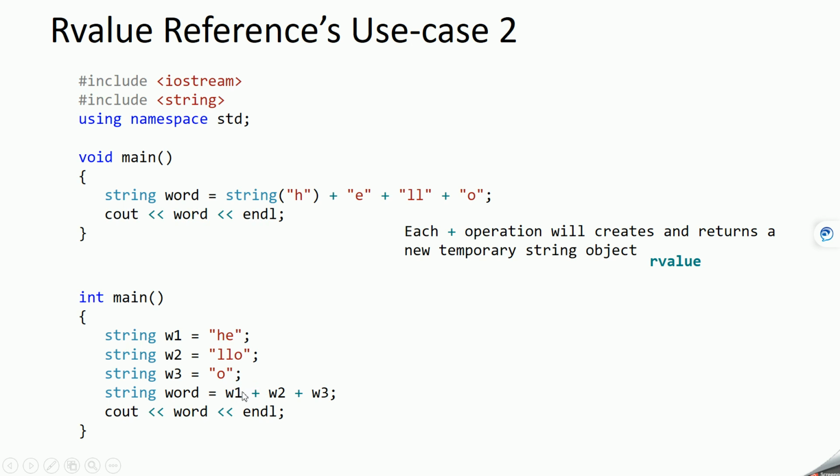But what if there is a situation where you want to use one of these strings that you have modified at a later point in time? At that time, instead of getting just he, you will get the entire modified string. That will be the problem. So with the help of R value reference, you can avoid the extra temporary allocation here.